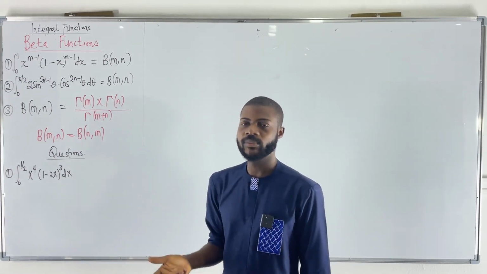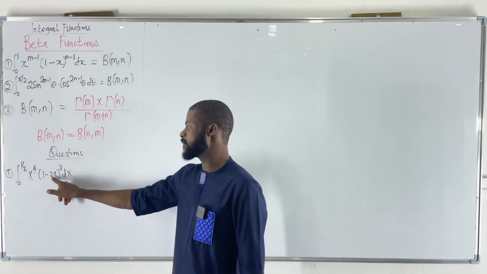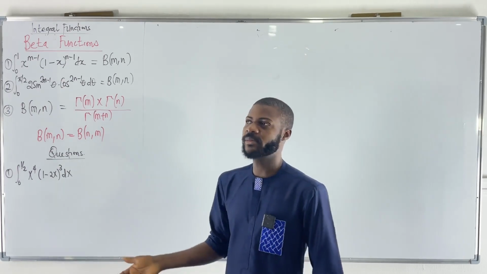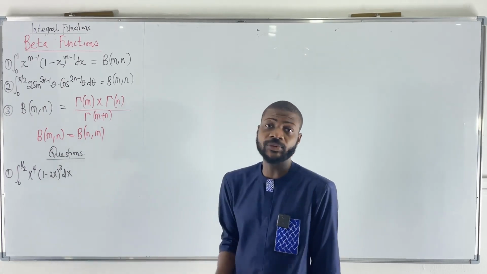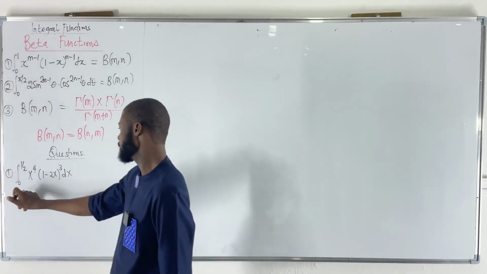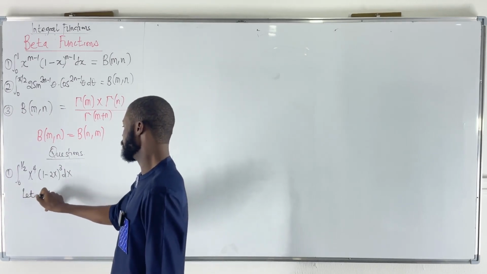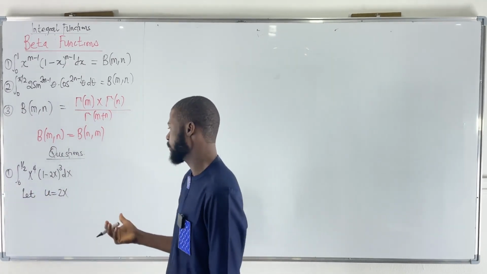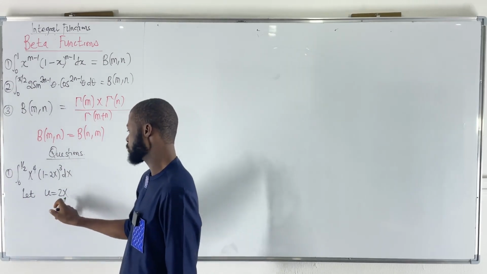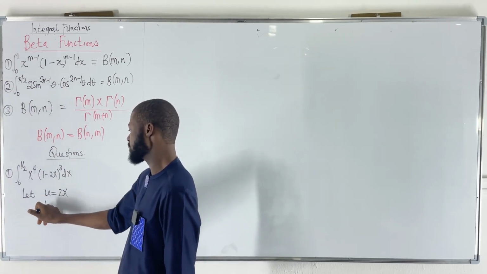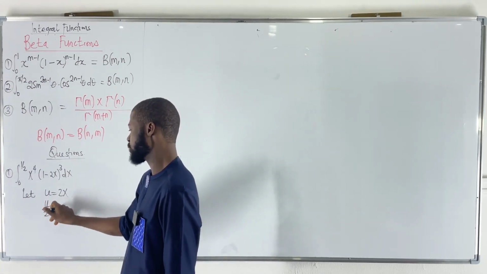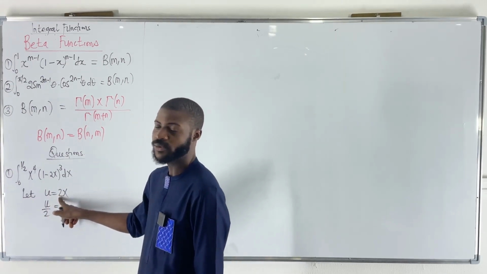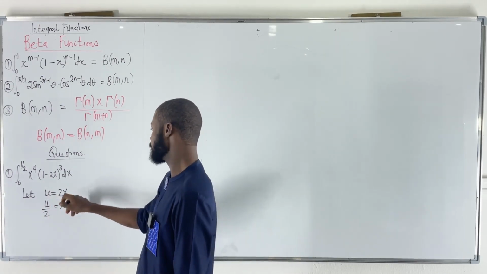So what do we do? We're going to say, okay, let this 2x become something else. Let's just say let it be u. So let u equal to 2x. Now, if u is equal to 2x, you do agree that to make x the subject, u over 2 is equal to x, because you need to divide both sides by 2.